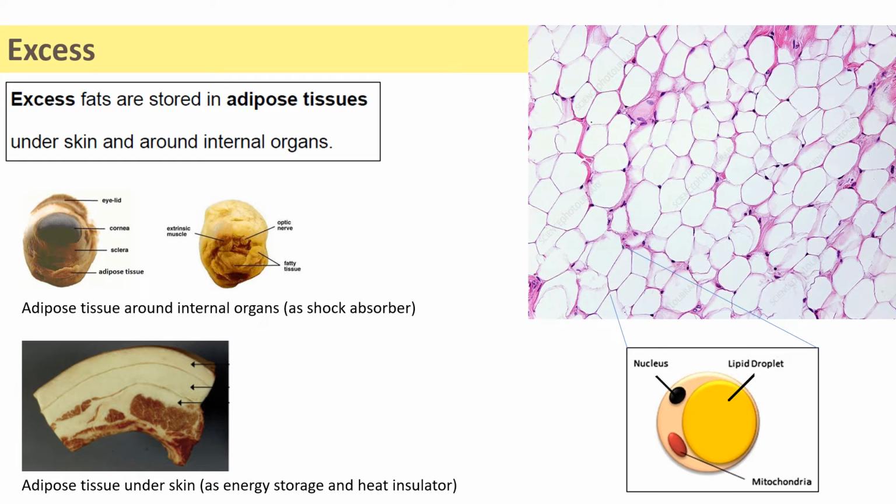Now, one thing I forgot to mention on the previous page is that the same amount of fats can release twice the amount of energy as the same amount of carbohydrates. This is the first thing. The second thing is that fats are not a primary energy source, meaning that they won't be used first.